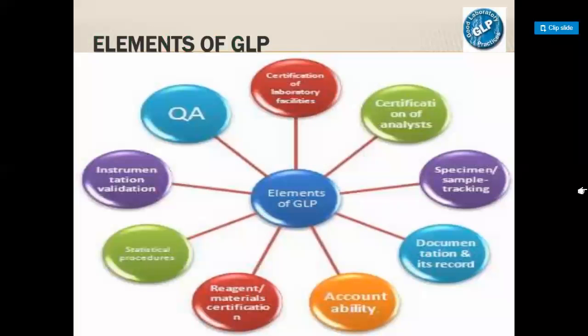Here you can see the different elements of GLP: certification of laboratory facilities, certification of analyst, specimen or sample tracking, documentation and its record, accountability, reagent and materials certifications, statistical procedures, instrumentation validation, and quality assurance.